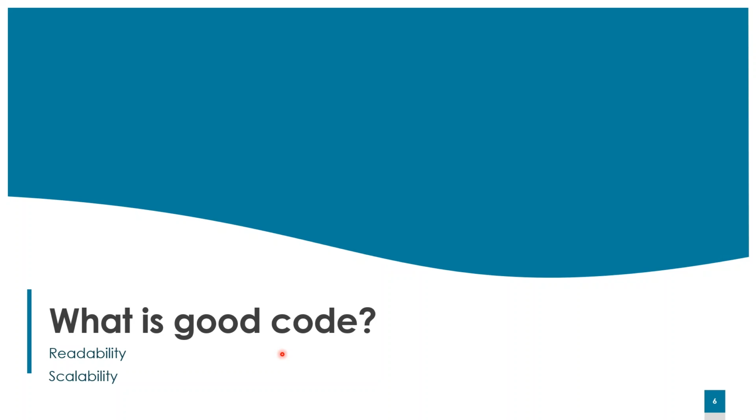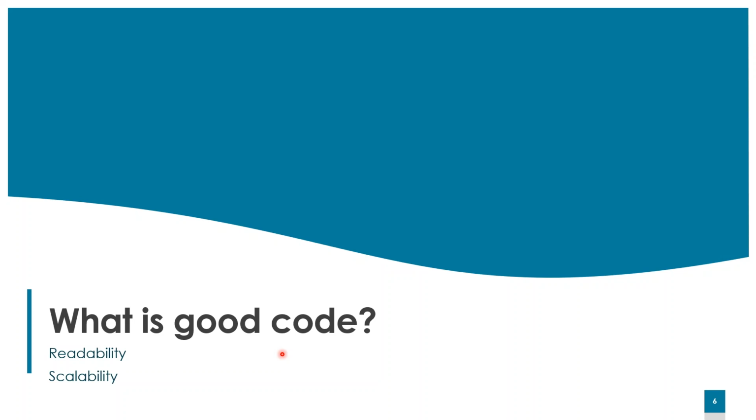Then it's not really good code. Readability means anyone using your code should be able to understand what you wrote, what logic, meaning what algorithm, you followed. Once they know that, it will be really easy to understand.